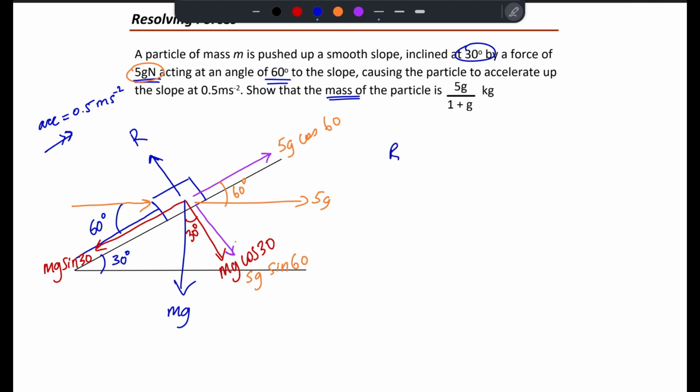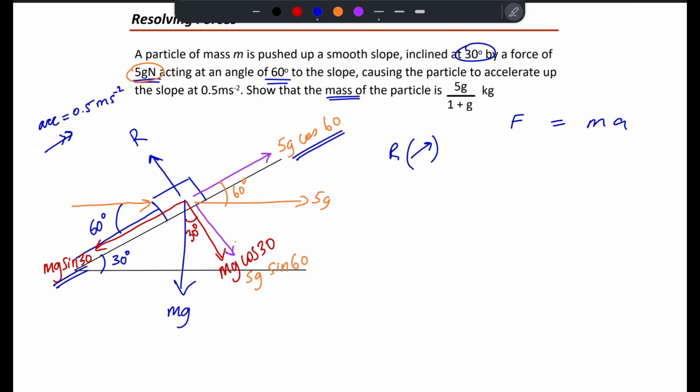So resolving up the slope. Well, the forces going up are the 5g cos 60, and the forces going down are mg sine 30. Because this is accelerating, we're going to use F equals ma.